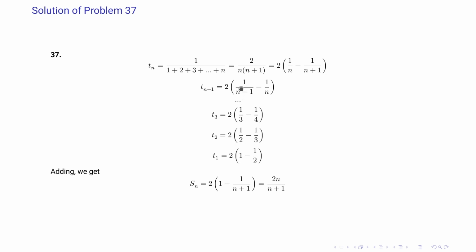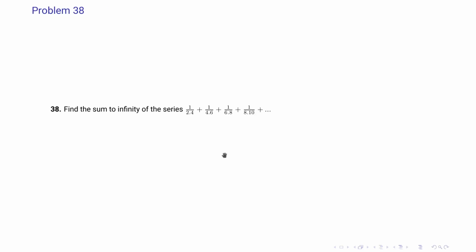Similarly, Tn minus 2 will get cancelled with Tn minus 1 for 1 by n minus 1. 1 by n will get cancelled with this one. So our final result would be 2 into 1 minus 2 into 1 by (n plus 1). So our final sum would be 2n by (n plus 1).